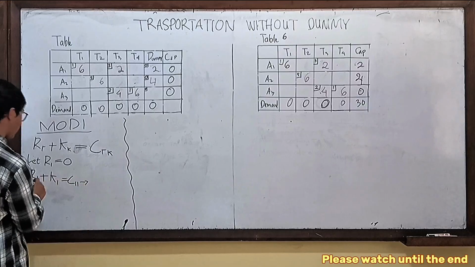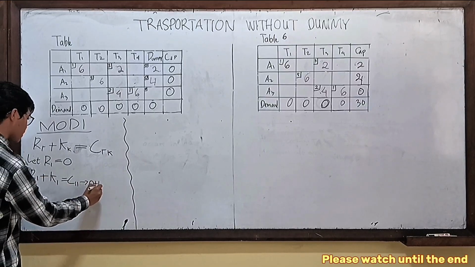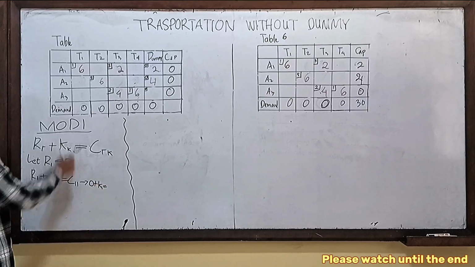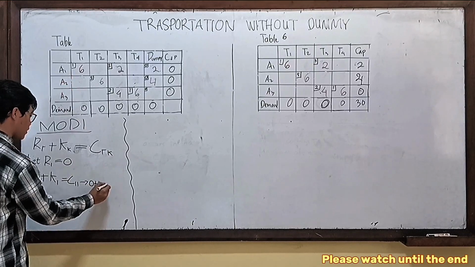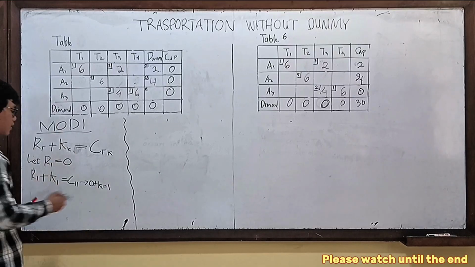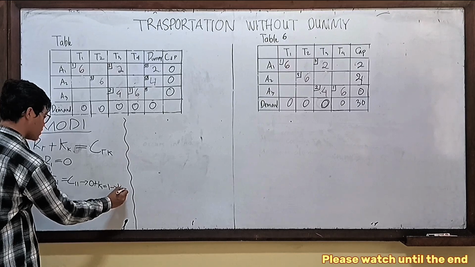If R1 is 0 and plus K1 equals C11, which is 1, the cost of occupied cell 1 is 1. Then we know K1 is 1.